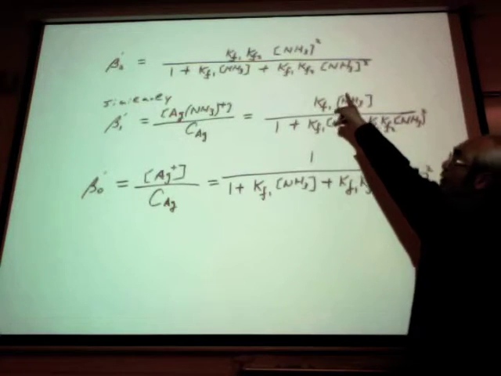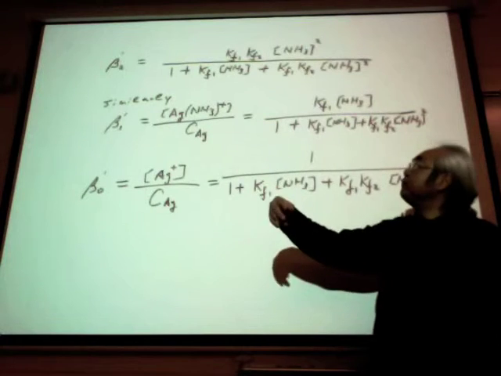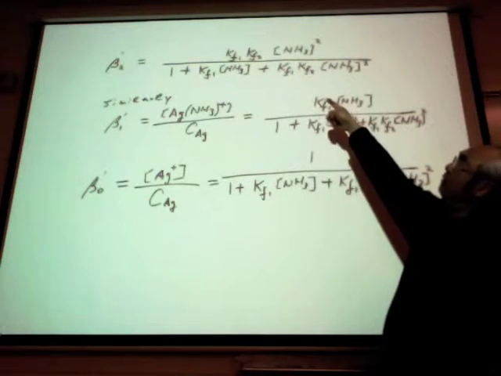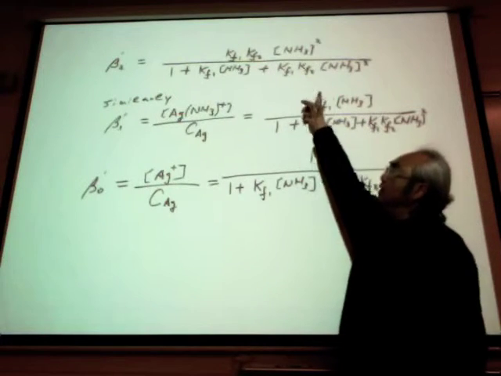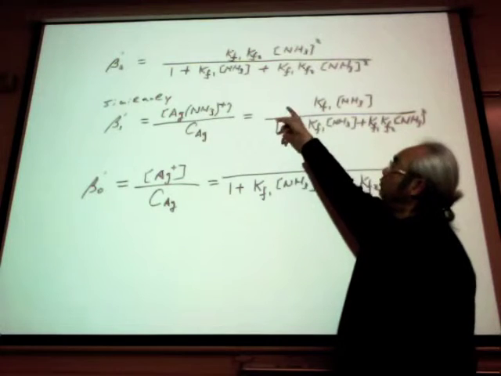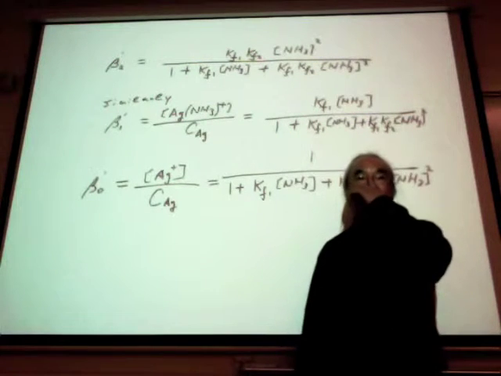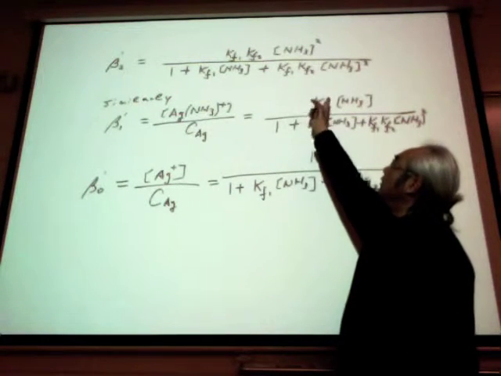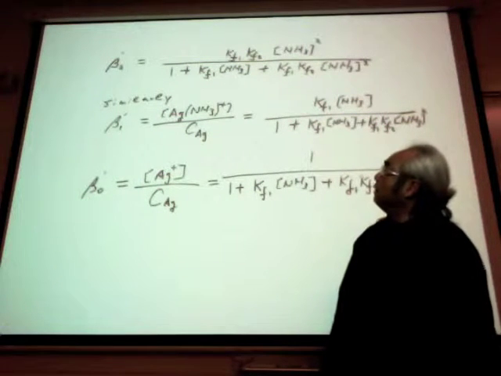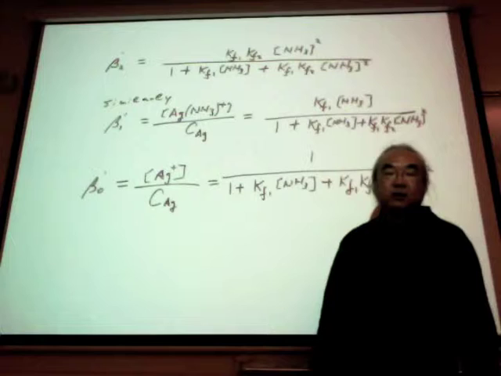For beta 2, if you don't like the reciprocal, you can flip it normally, then it looks like that. This has practical application. If you do an experiment between silver and ammonia, this will help you design your procedure.